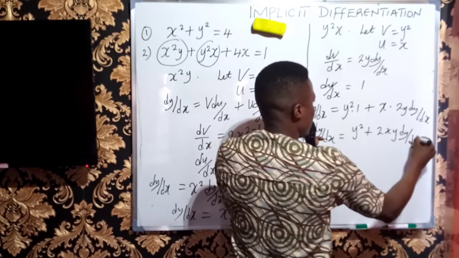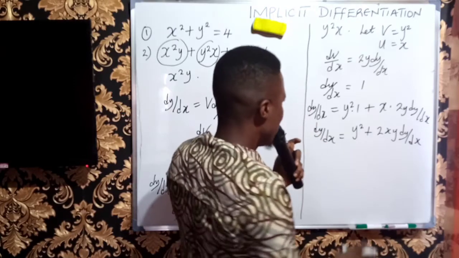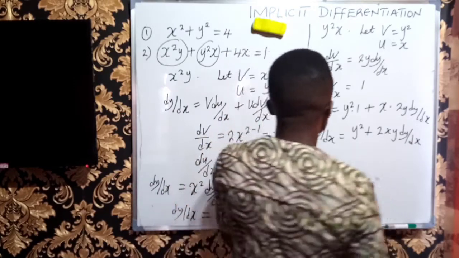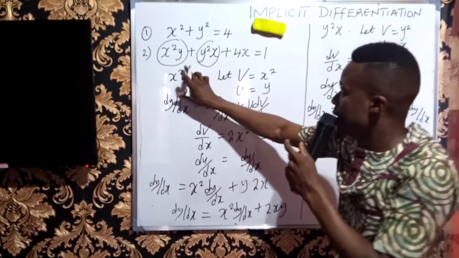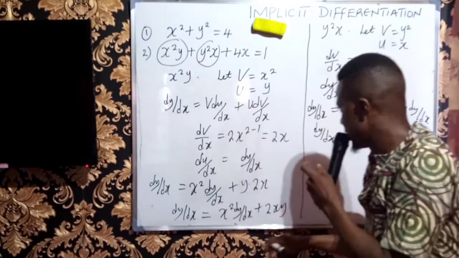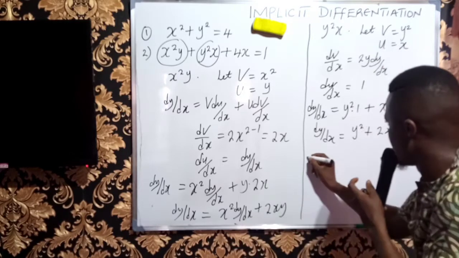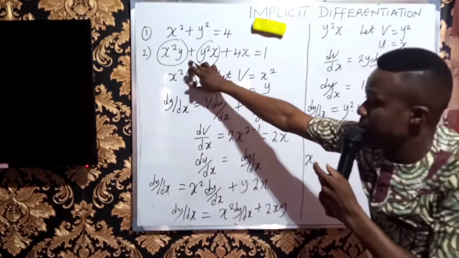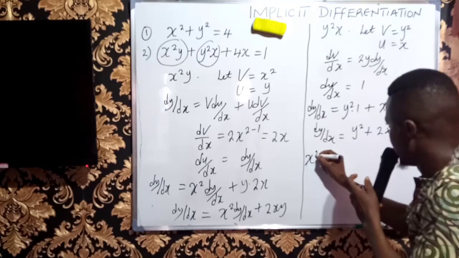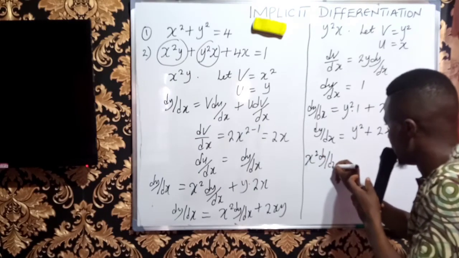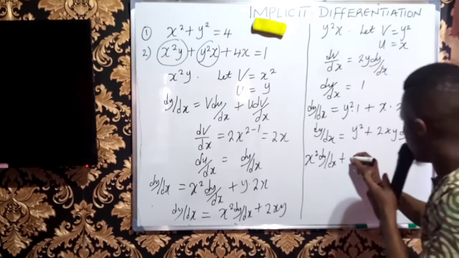Then having got this, I will now fix everything in the equation. Seeing x squared y, the derivative will give me x squared dy/dx plus 2xy.